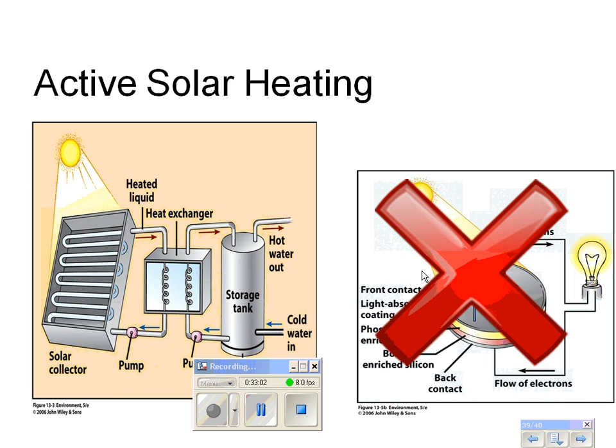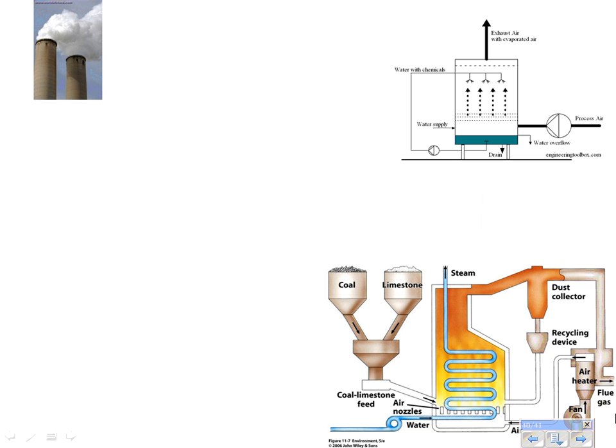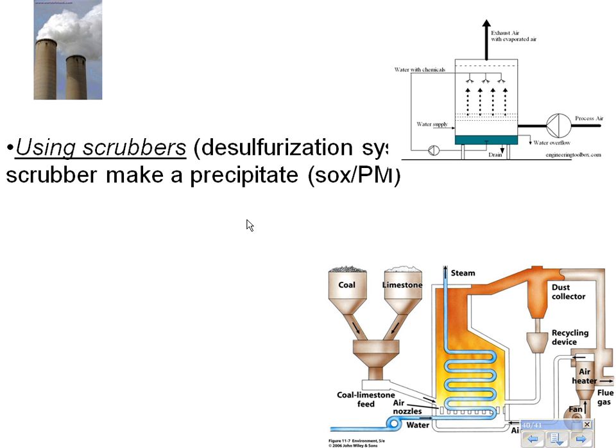Now moving on to number 4, which I don't think that we answered. Electrostatic precipitators and scrubbers. So remember scrubbers, also known as a desulfurization system. The reason why we'd want to use a scrubber, also known as a wet scrubber, and you can see a picture here, is that it causes sulfur oxides like sulfur dioxide and particulate matter to precipitate out of the flue gas.